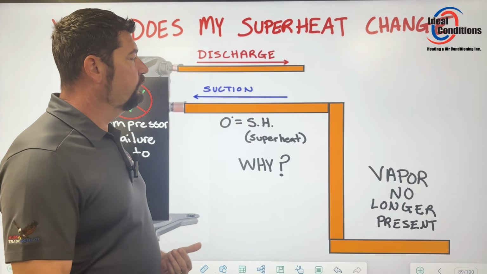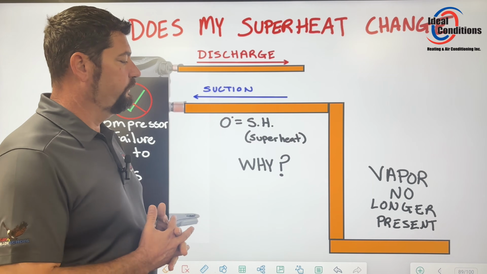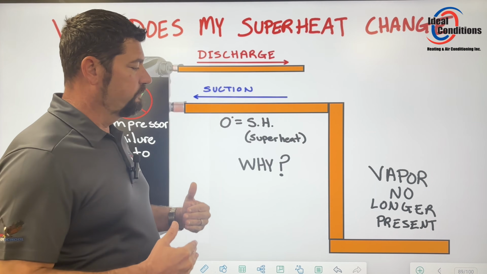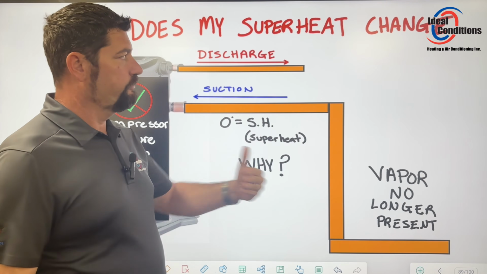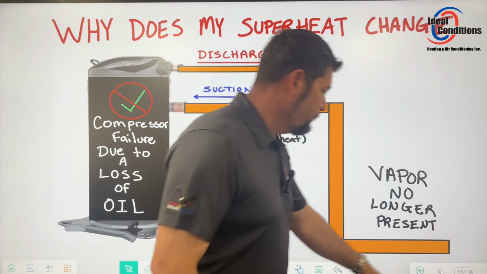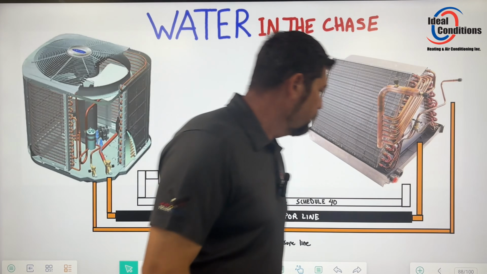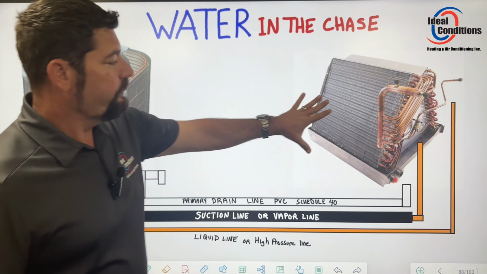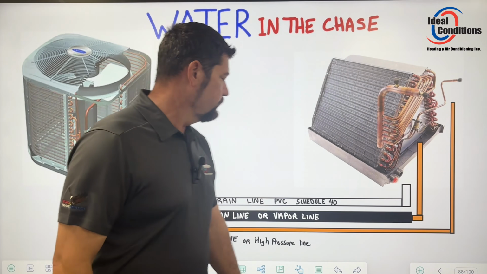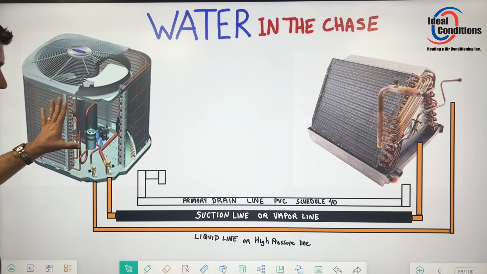It doesn't make sense. And a lot of times people just don't look at the journey that the refrigerant line takes. And what I'm talking about, in that journey, we have an evaporator coil here. We have a condenser here.